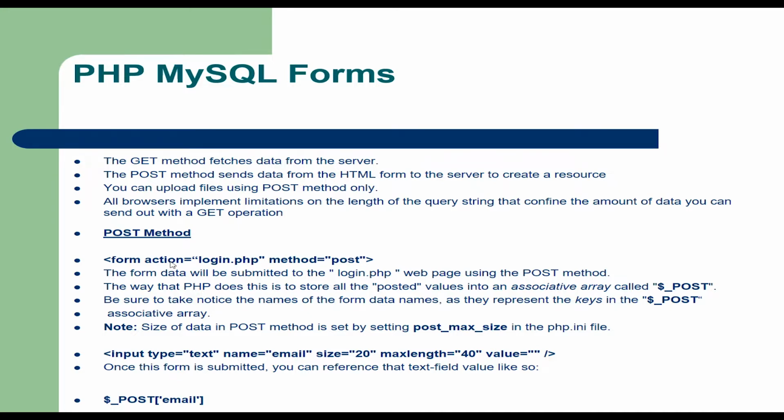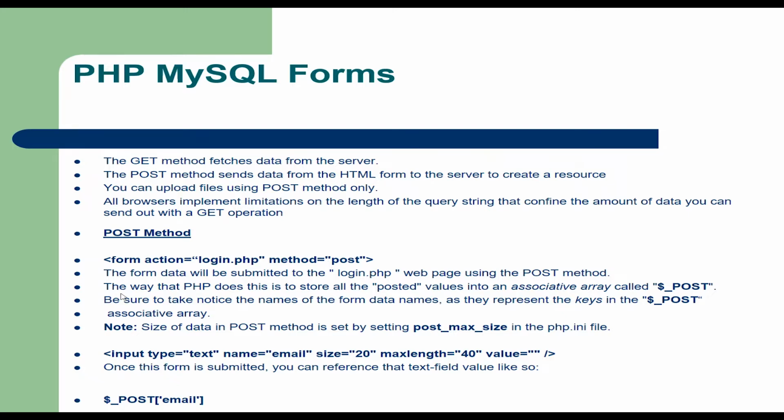The action parameter determines that the data that the user will enter into this form will be submitted to login.php. If we omit this action parameter, the data will be submitted to the same page where this form is created. Method equal to post means that the data will be sent as a part of the body and will not be displayed in the URL.